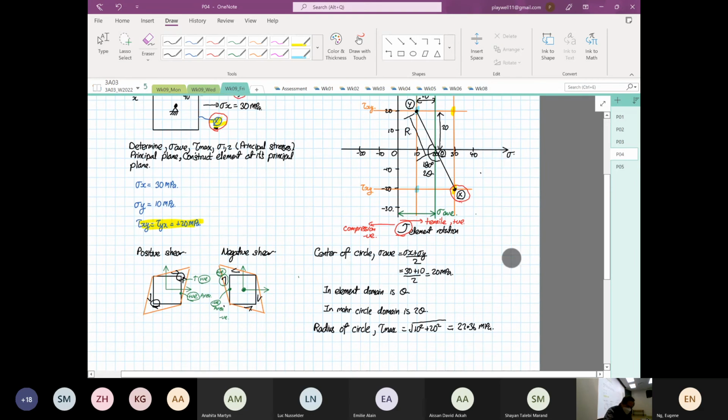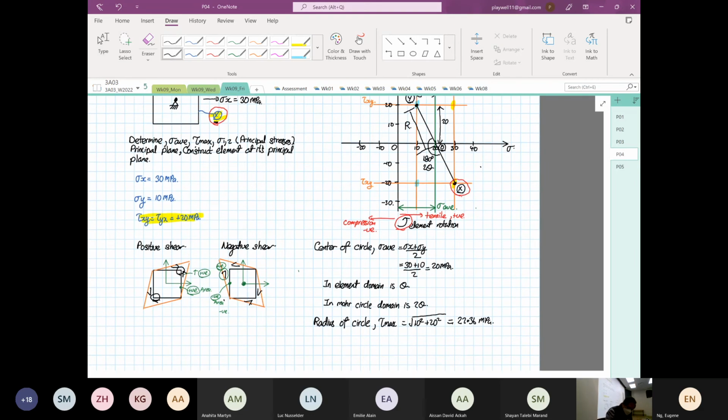So from here, you can find your principal stresses, which are stress 1 and stress 2. The principal stresses are equal to the average stress plus minus tau max.